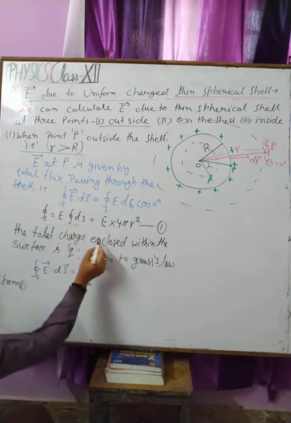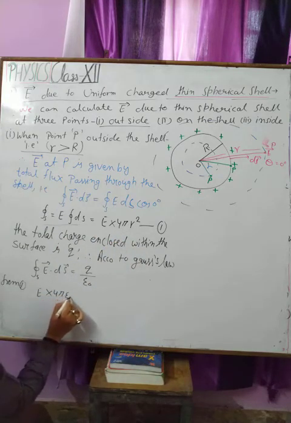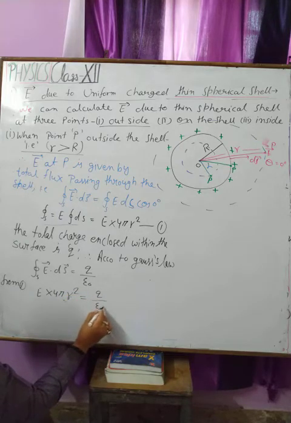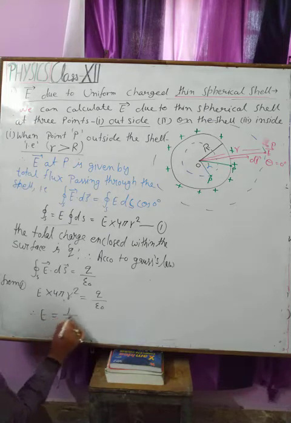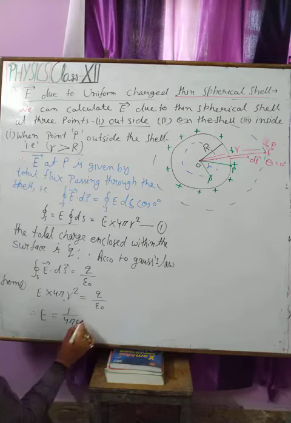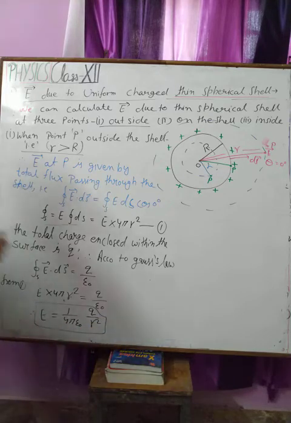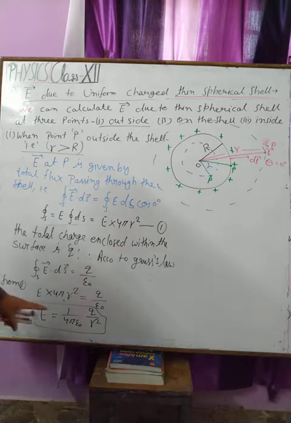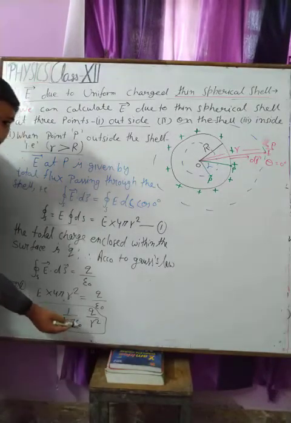This value is E into 4 pi r square, equal to Q upon epsilon naught. Therefore we get the electric field is equal to 1 upon 4 pi epsilon naught, Q upon r square. This is the value of the electric field due to the shell outside. It is exactly the same as the electric field we calculated for the point charge.